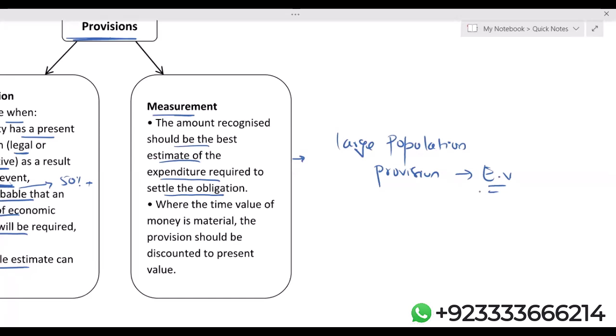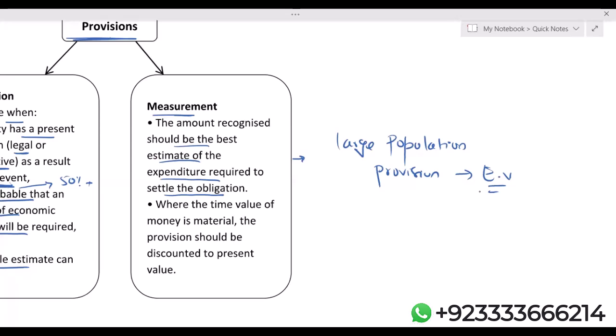You ask your lawyer how much we have to pay. The lawyer says there are 90% chances that we have to pay $1 million, and 10% chances we'll be paying $0.5 million. So when you are dealing with a single population, your provision should be according to the best estimate.